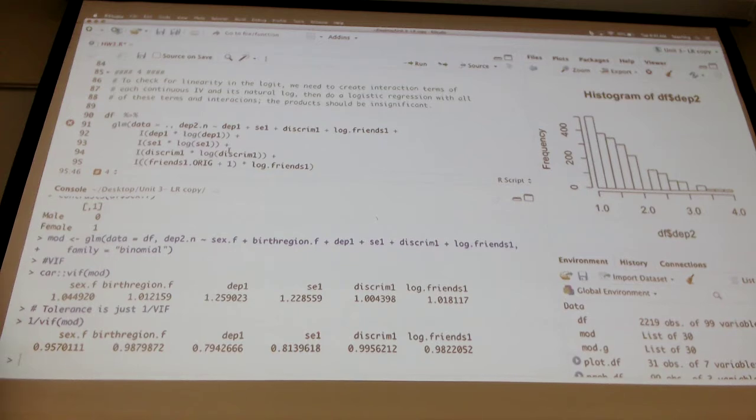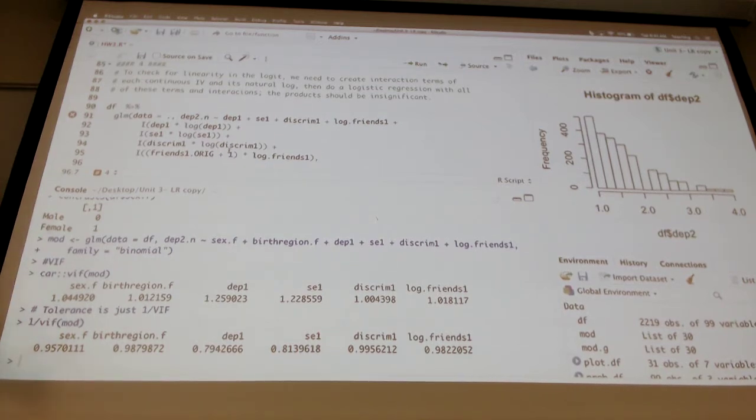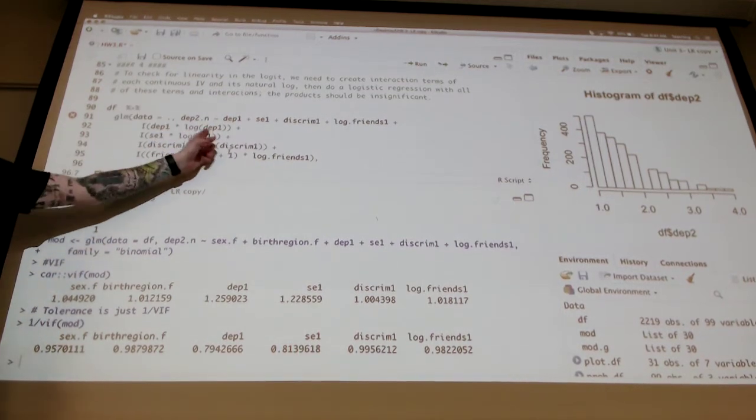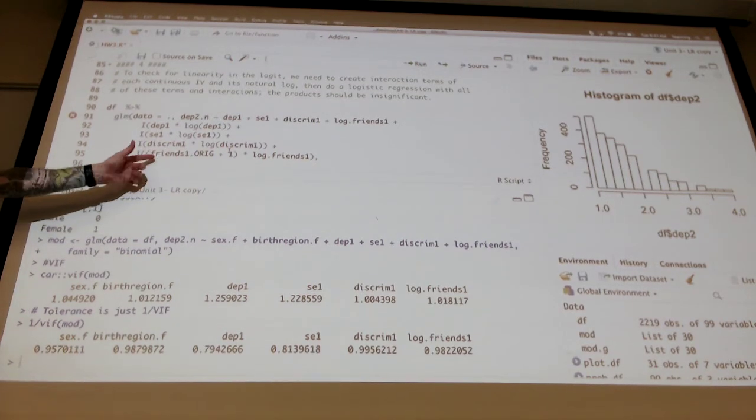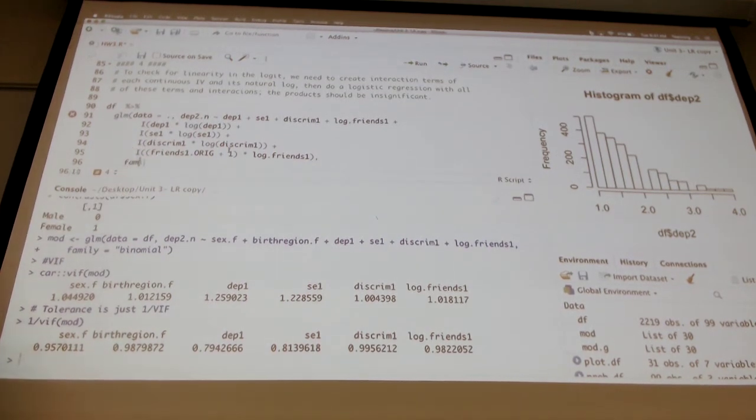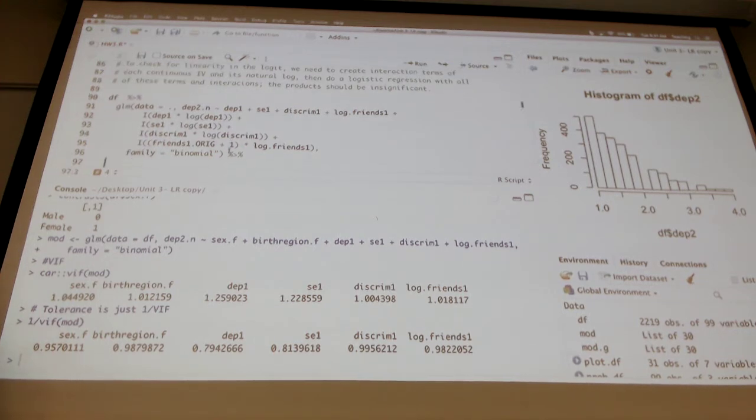And at the end of this, we'll add our comma, because that's all of our continuous variables interacting with their natural logs. We need to tell it our family equals binomial. And then I'm just going to pipe that straight into summary.